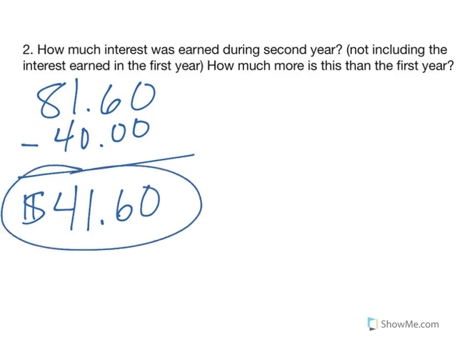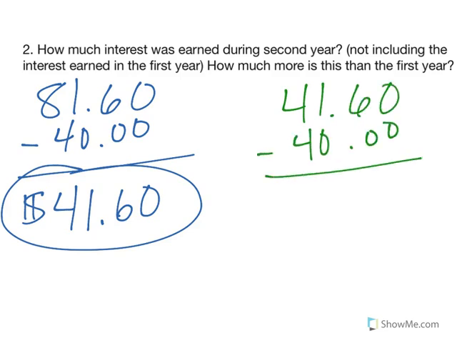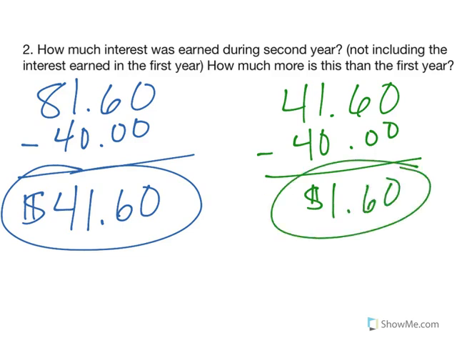That's what we earned during year 2. Now, how much more is this than the first year? Well, if you earned $41.60 in year 2 and you earned $40 in year 1, that means you earned an additional $1.60 just because of your interest from the first year. Right, so that was in addition to what you made the previous year. Or I should say earned, you didn't make the money. But that's kind of the concept that we're looking at.